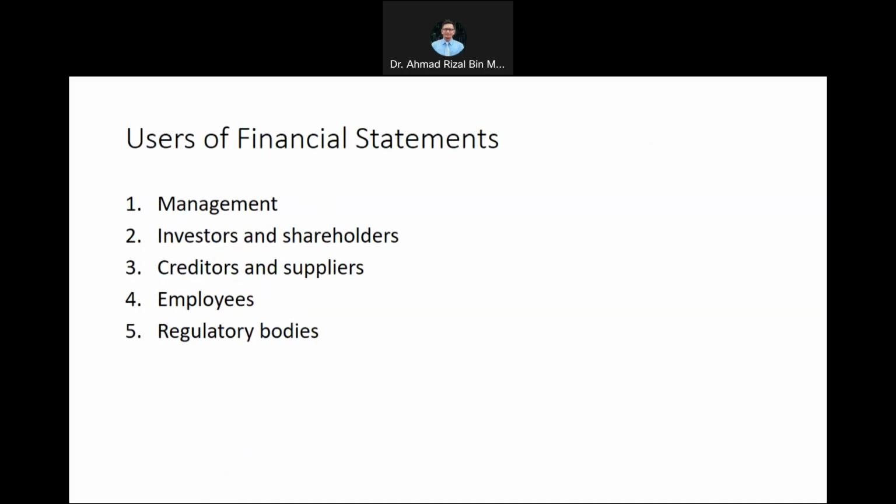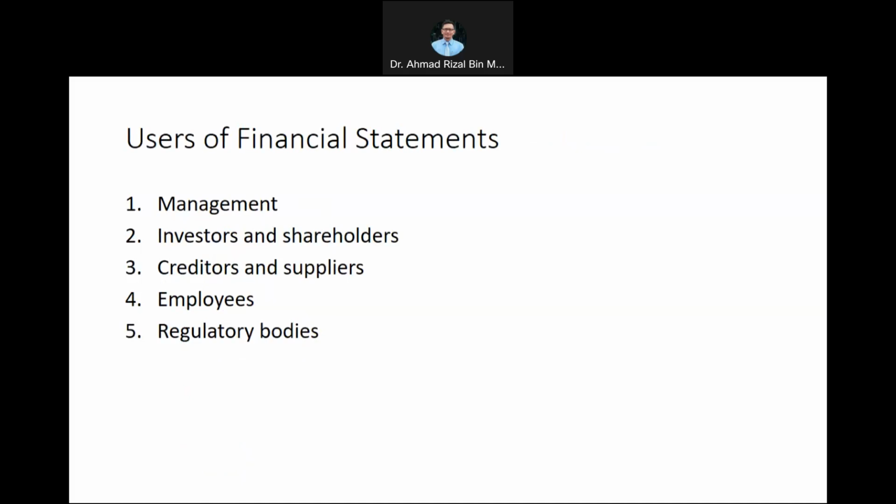Number 3 would be the creditors and suppliers. Of course, the creditors from time to time assess the financial strength of a company, and they will look at the financial statements, especially banks. They rely on and really scrutinize the financial statements of the company.